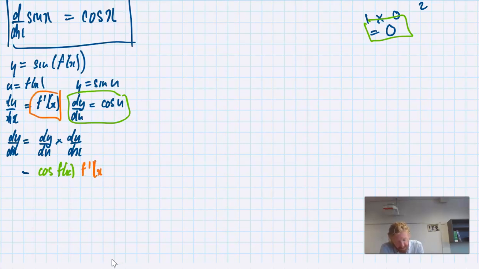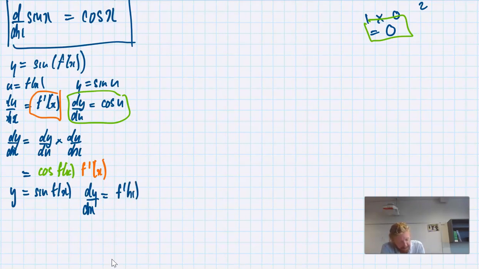So if y equals sine f of x, dy dx equals f dash x cos f of x.